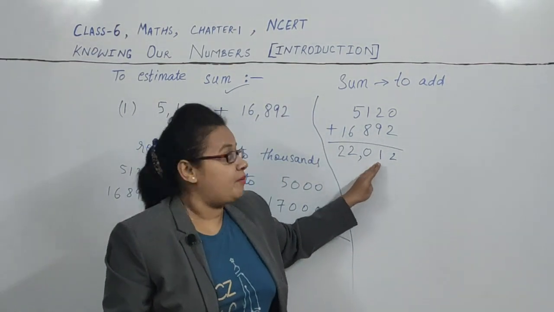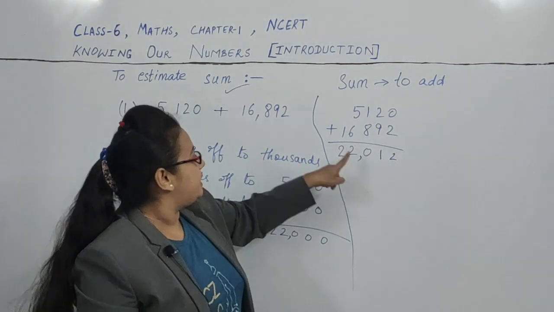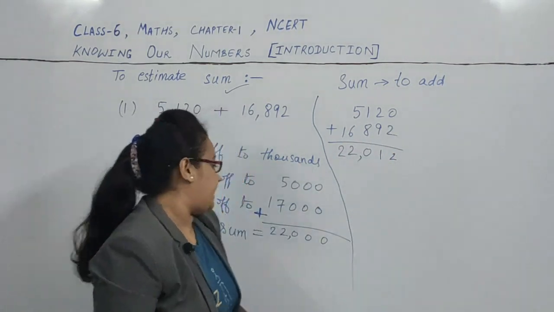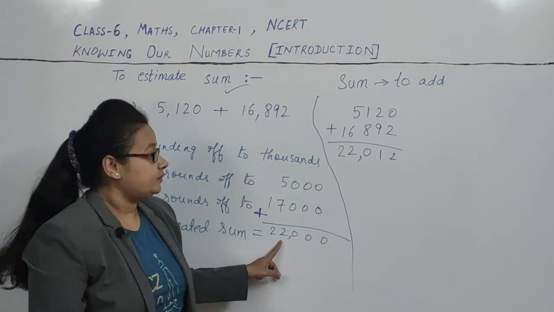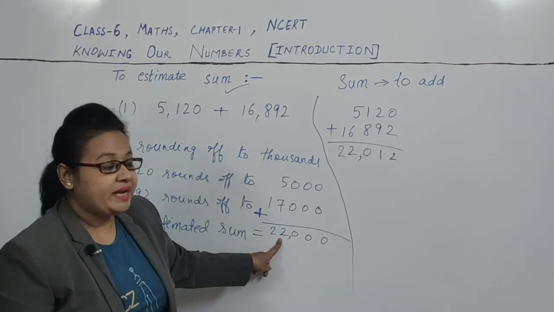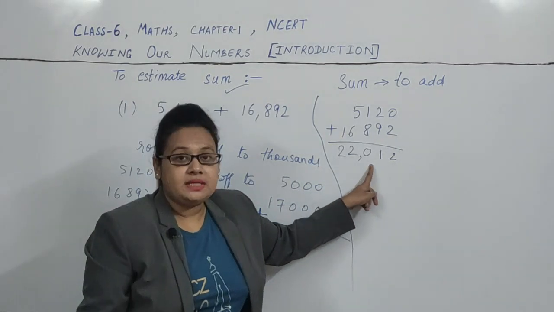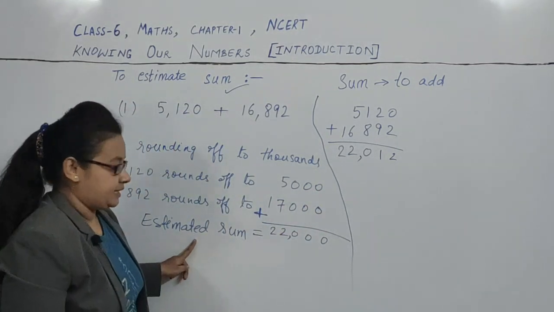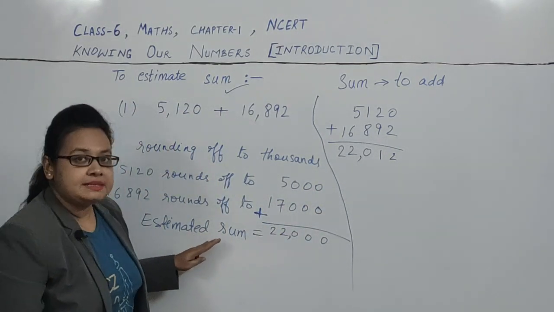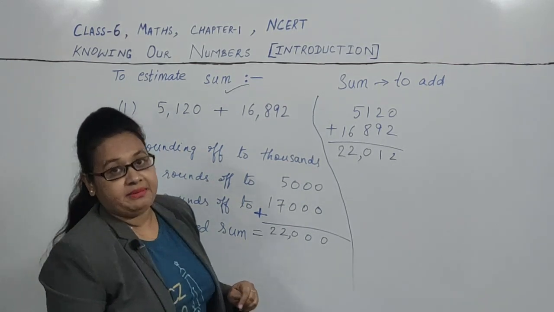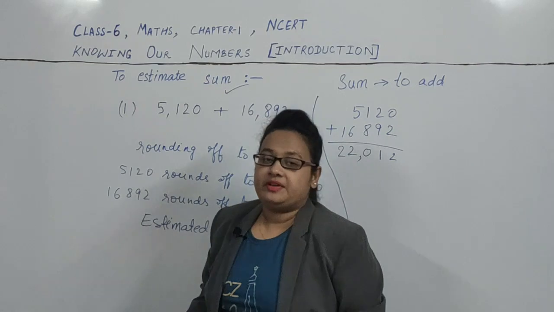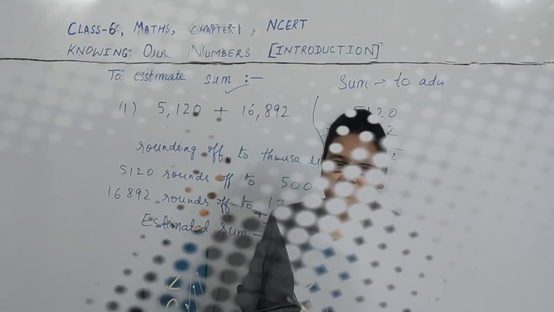The actual sum of these two numbers is 22,012 and the estimated sum is 22,000. So the estimated sum is very close to the actual sum. So this estimation is reasonable, it is meaningful. So this way we estimate the sum.